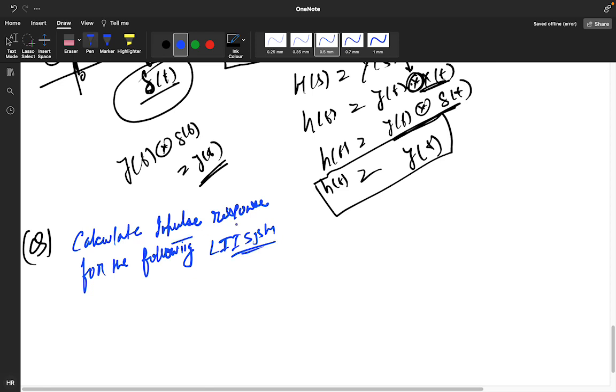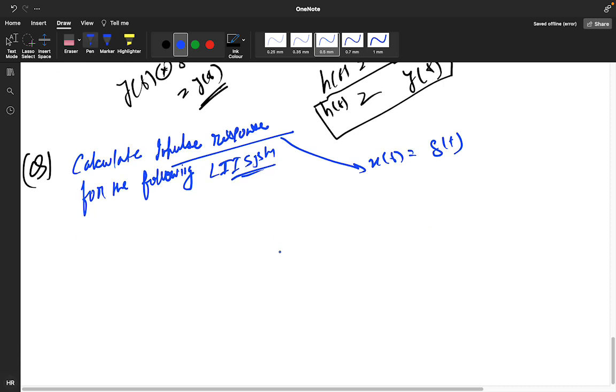Impulse response means they have given x of t is delta t. The first question is y of t equals x of t plus t naught plus x of t minus t naught.